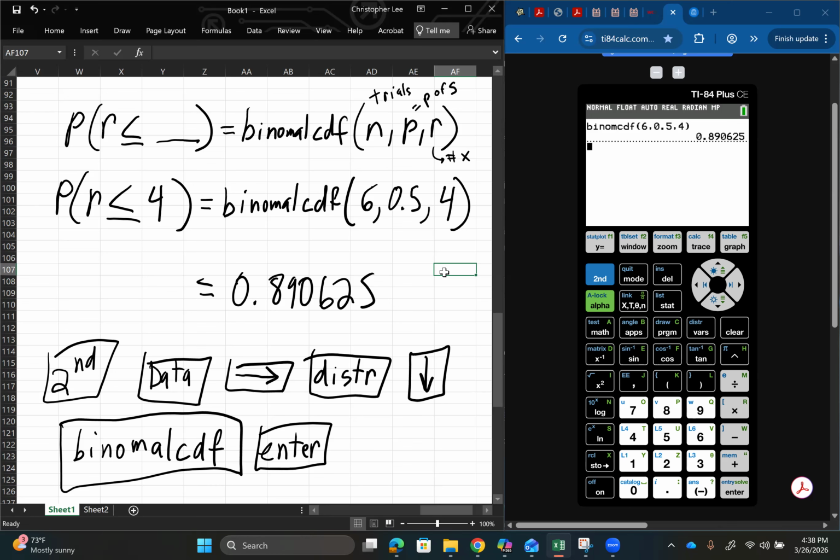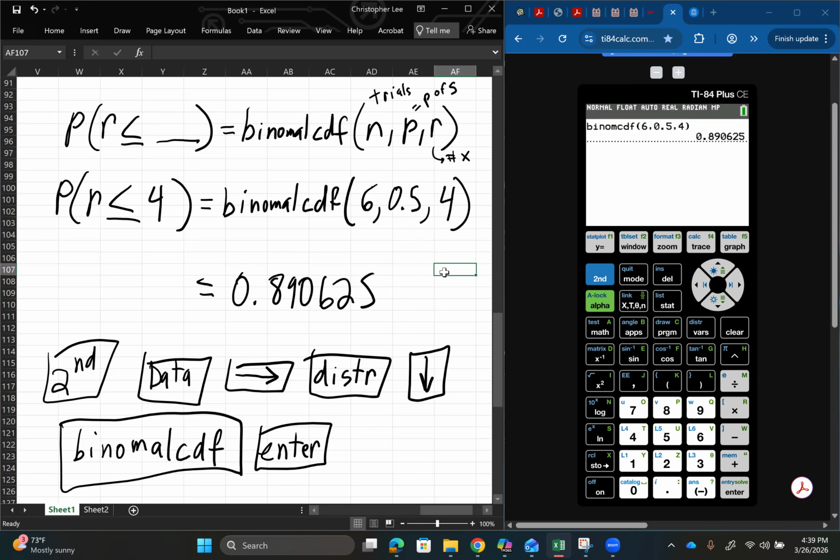So what's your trials? 6. So six, and then what do you always press after you write down a number? Enter. So write that. And then now do the next one. What do we have on the board? 0.5.